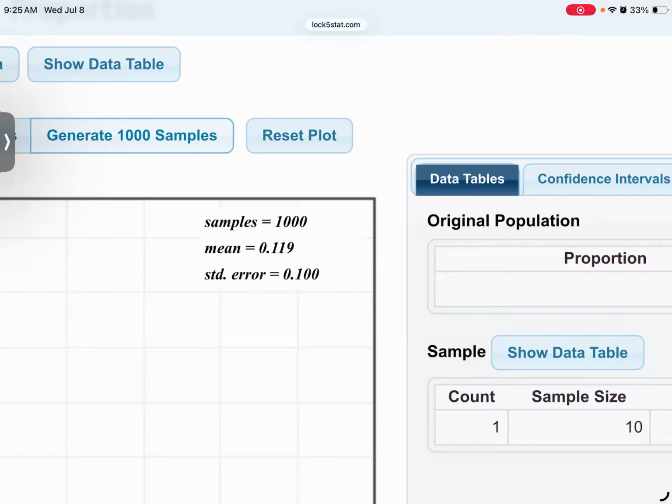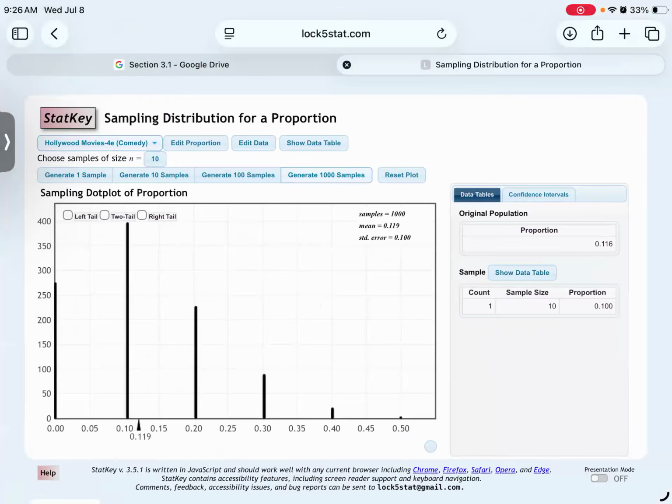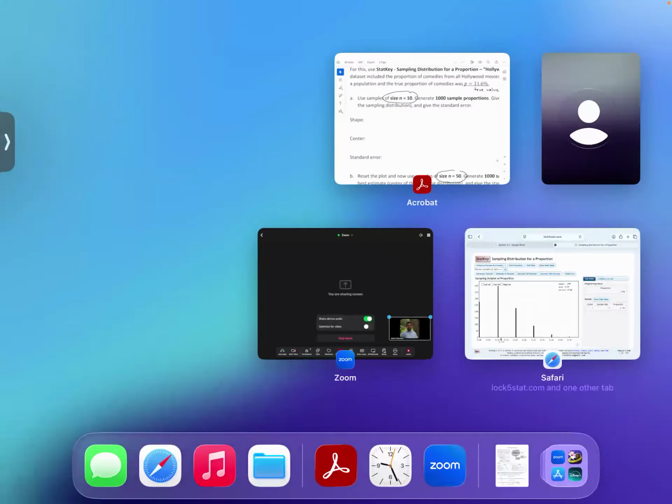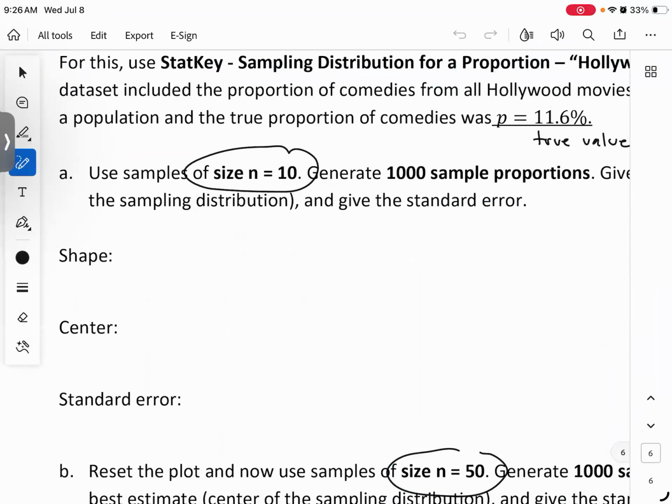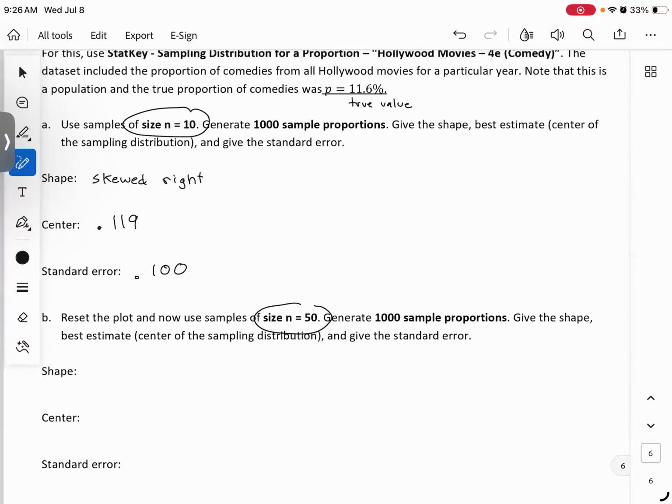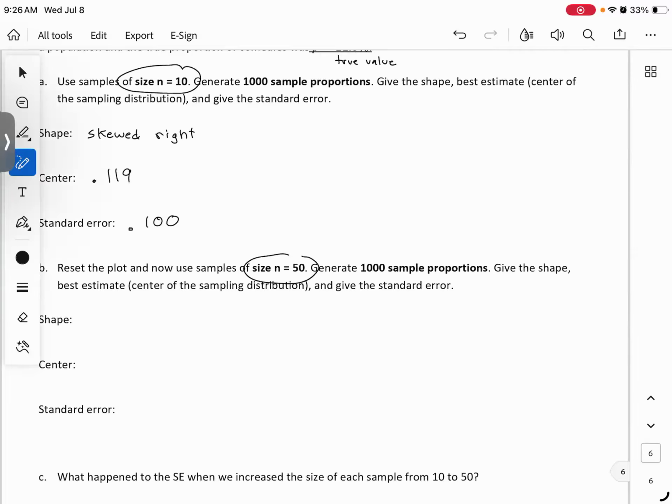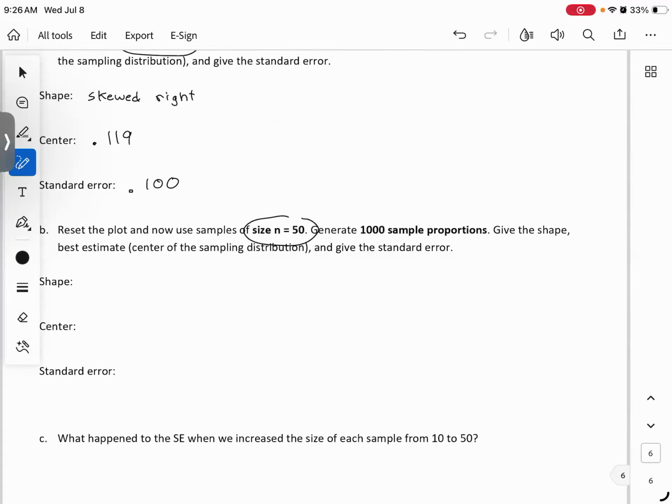Might be the same, but might be a little bit different. The shape is skewed right. And then I got for my center, which is the average of all the guesses, 0.119, and then 0.100.